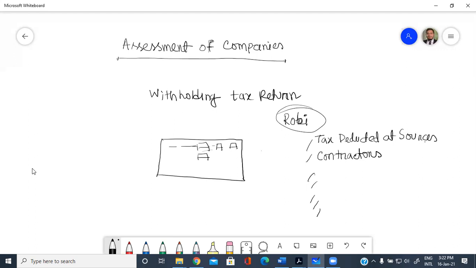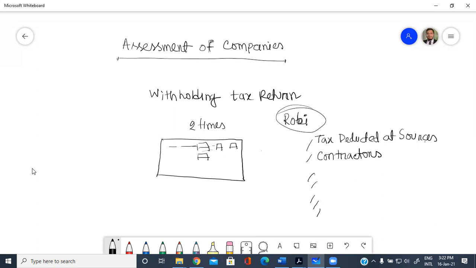You have to submit this withholding tax return two times in a year, half yearly, by the 31st day of January and the 31st day of July.